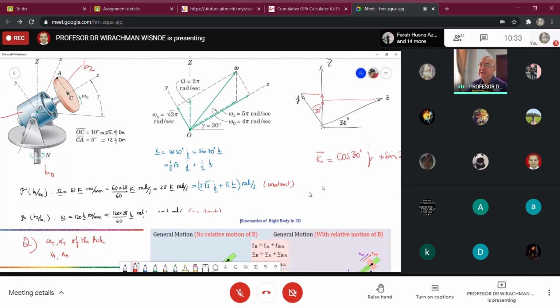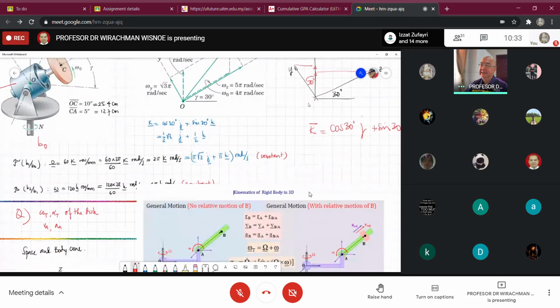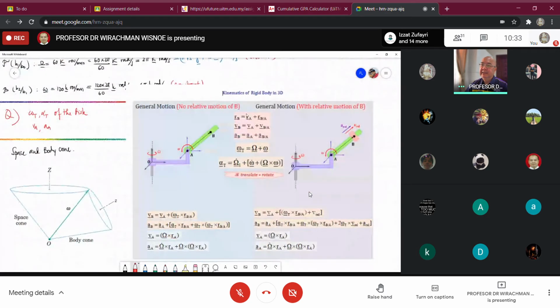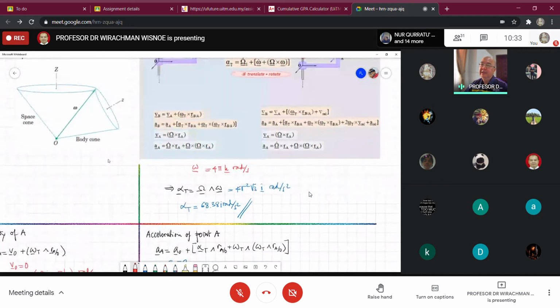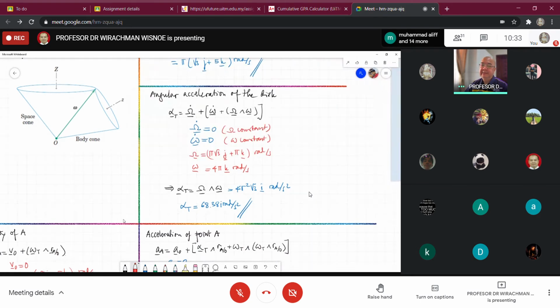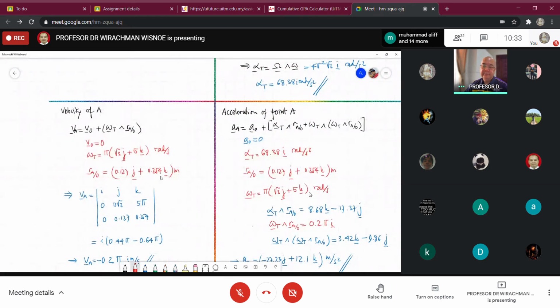Convert to our case. So we are talking about this is point C, point A, this is point C. So it means all the formula, this is point A, this is point C, like that. So in the end, this is the formula that we have.